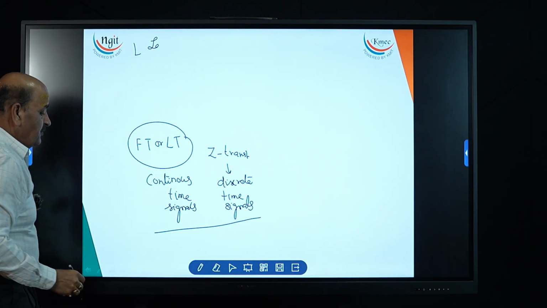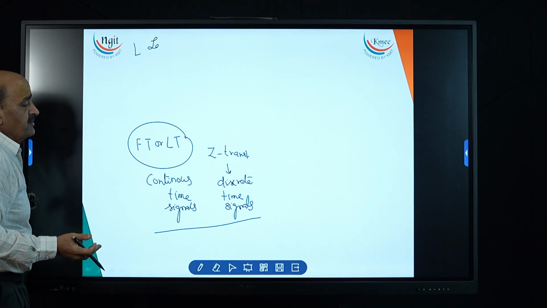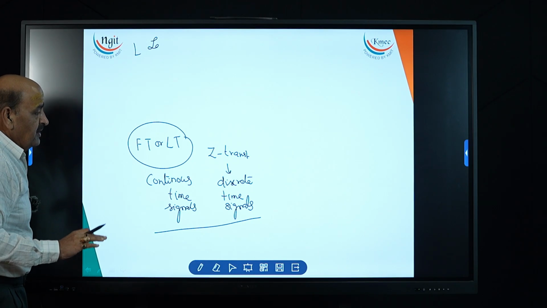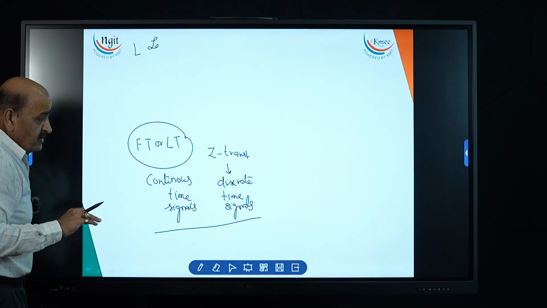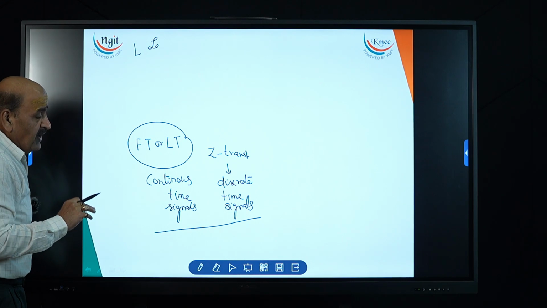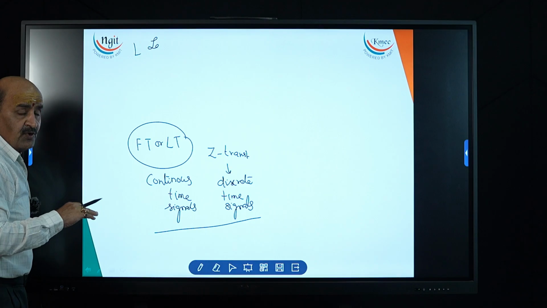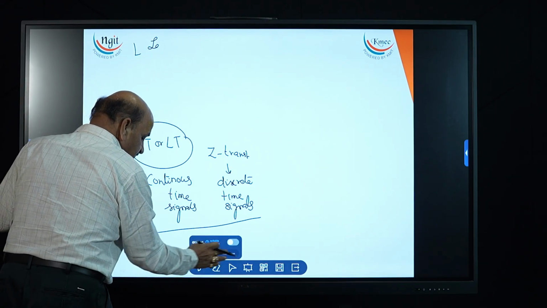Understanding? So whether you are using Fourier transformations or Laplace transformations, these two are only for continuous time signals. If we want to discuss discrete time signals, then we have to use Z transformations. After completion of this unit, we will be entering into Z transformations. Okay? Now let us start.